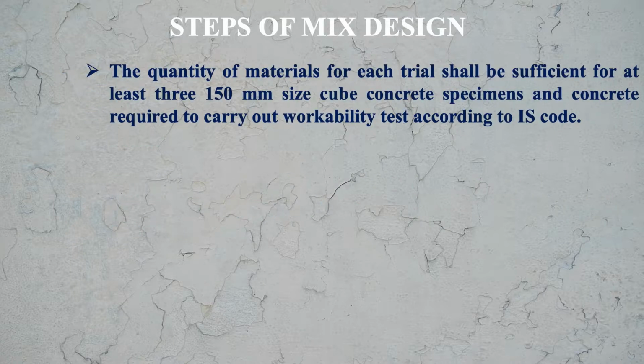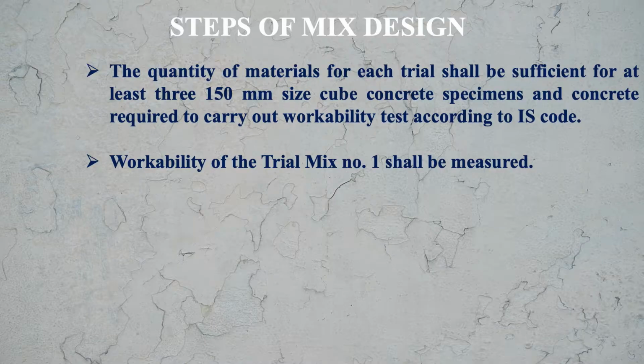The quantity of materials for each trial shall be sufficient for at least 3 150 mm size cube concrete specimen and concrete required to carry out workability test according to IS code.